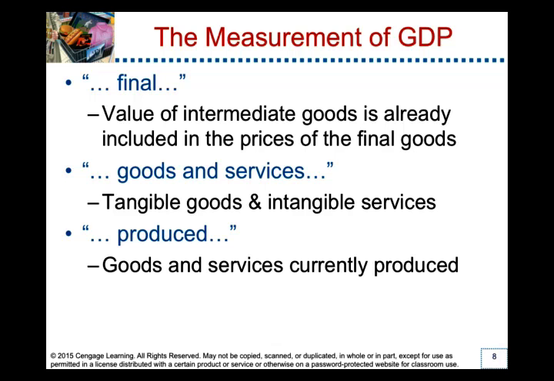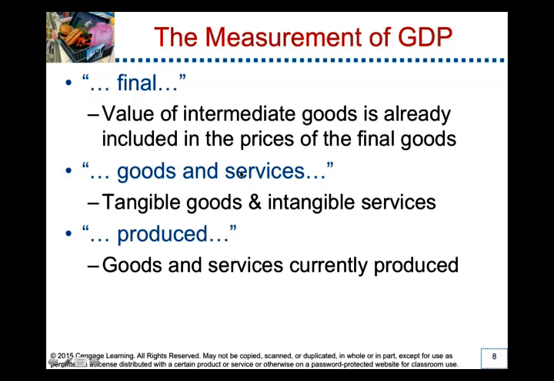You are adding up some of the things twice and some of the things thrice, which is no good, and that might result in an inflated GDP, and you don't want that to happen. So therefore, always make sure that when you calculate the GDP, you take into account only the final goods, the prices of the final goods.